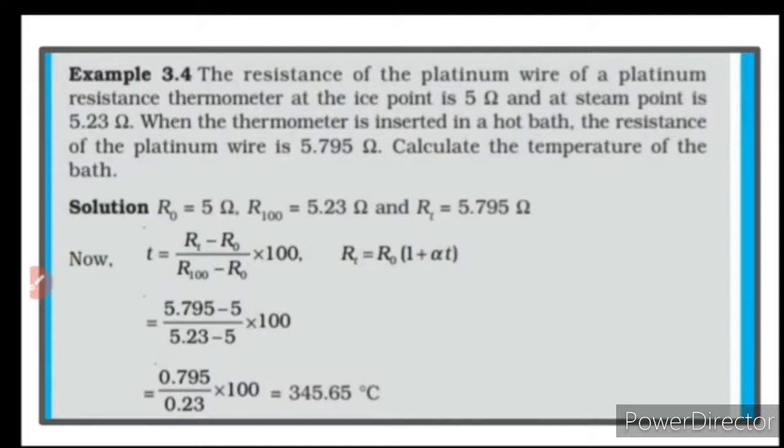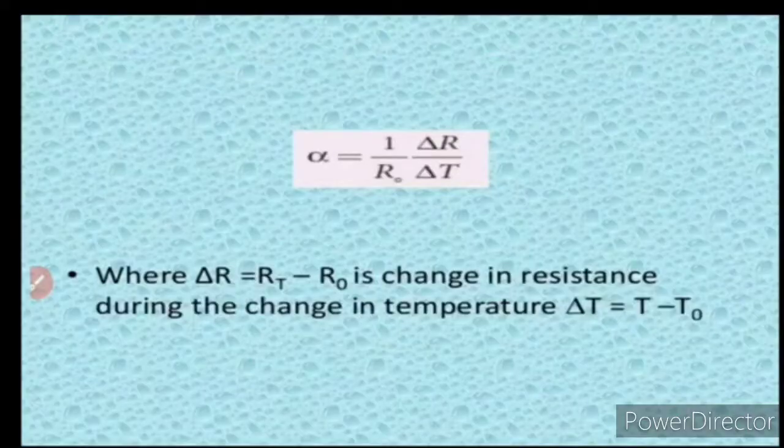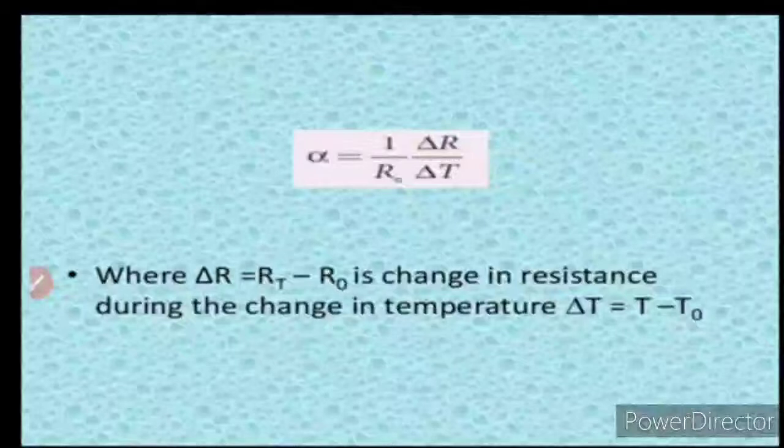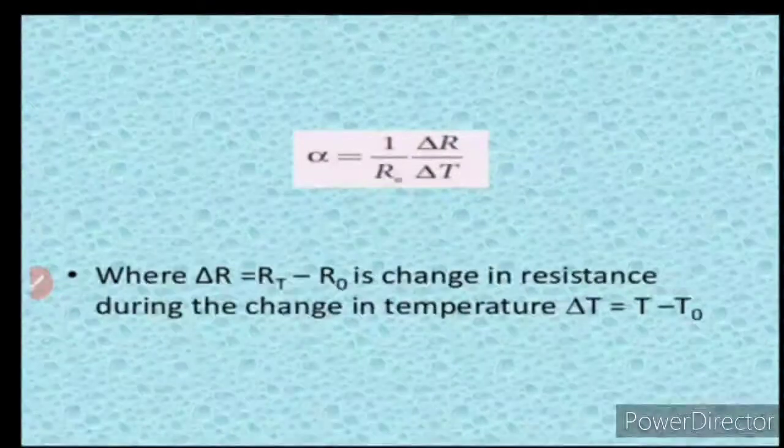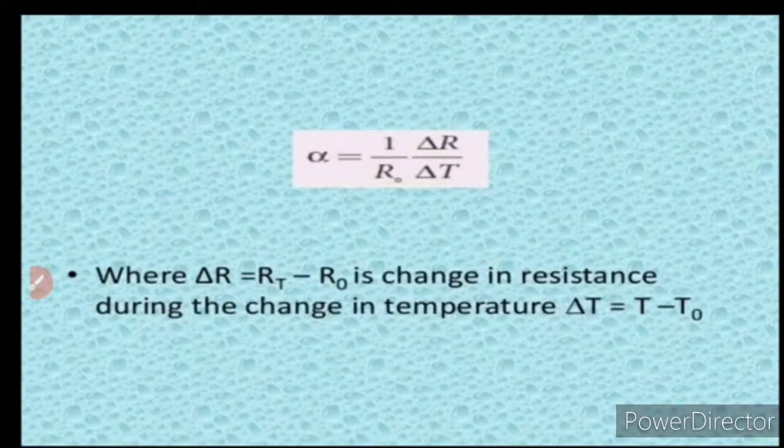Alpha is not given, but you can calculate it. How can you calculate alpha? In the previous case we had one equation: alpha is equal to delta R by R0 delta T. Delta R is RT minus R0. In this case, we take T as 100 degrees Celsius and T0 as 0 degrees Celsius.